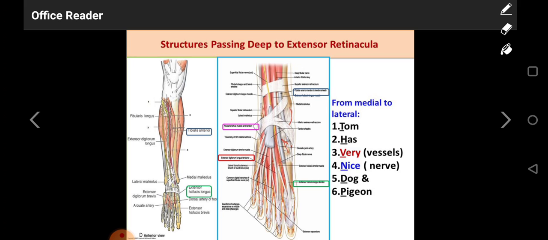T stands for tibialis anterior, H stands for extensor hallucis longus, V for the vessels, that is the anterior tibial vessels, N for nerve, that is the deep peroneal nerve, D for the extensor digitorum longus muscle, and P for the peroneus tertius muscle.